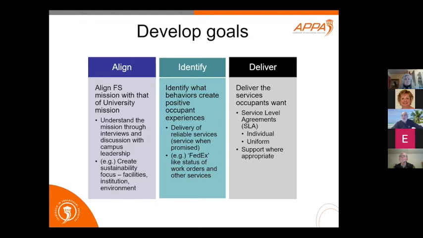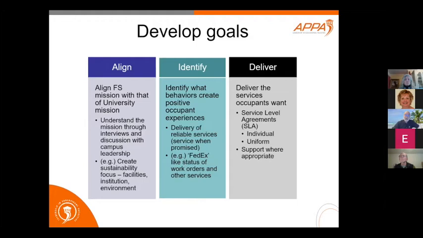And then you want to deliver those services to the occupants, and deliver services that the occupants want. Every university may have a standard set of deliverables, but you may have occupants that want to customize them, that want to do things a little bit differently. That can be achieved with something like a service level agreement, where you may agree to make modifications. Maybe they'll pay you more money to deliver better service.